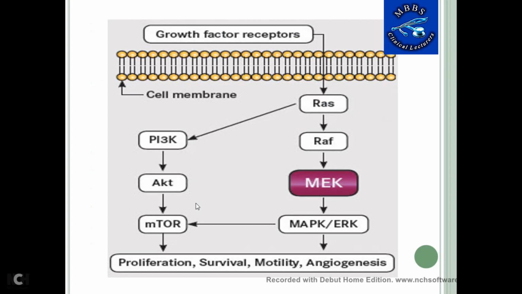We will take the example of the RAS protein, and we will see how RAS acts within a cell cycle. What is the role?